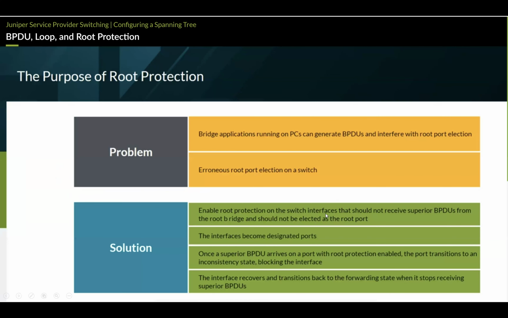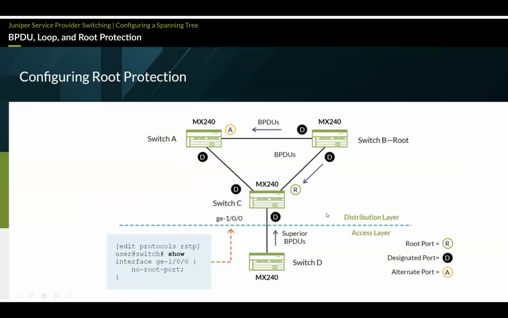So another is root protection. If some switching devices send a superior BPDU to your layer 2 domain, in that case those devices will become the root bridge if they are sending the superior BPDU. So you can set the interfaces which are not connected with your trusted devices.